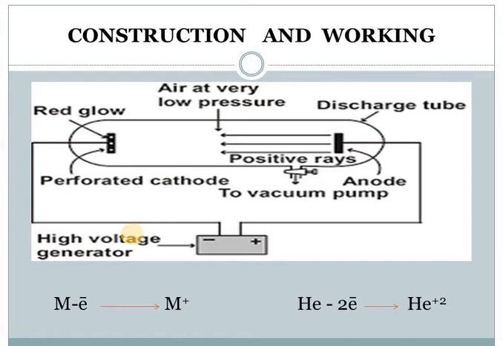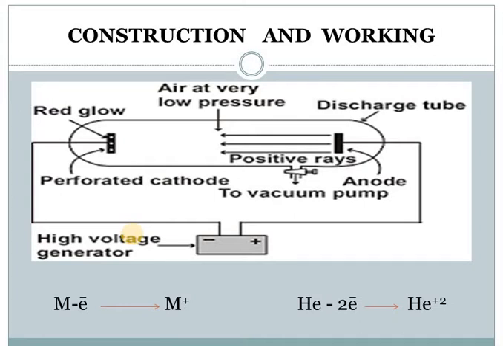Any gas or air is kept in the discharge tube. This discharge tube will start functioning by high voltage. Current will flow and the gas or air, whatever is kept in it, will be ionized, that is, converted into negative and positive charges. These negative charges are basically the cathode rays, known as electrons.